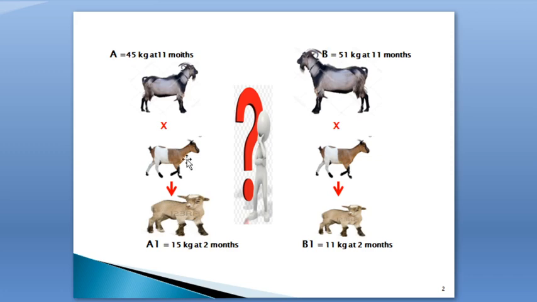Good. Now, the two boars belong to the same breed, the same age, they were even bred in the same environment, but A is less heavy as compared to B. Now, the two boars, in view of assessing their potential, are each crossed with a female goat belonging to a clone.